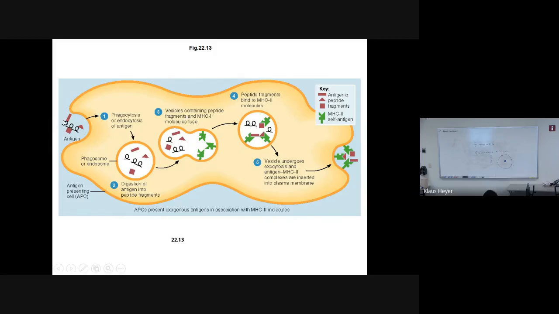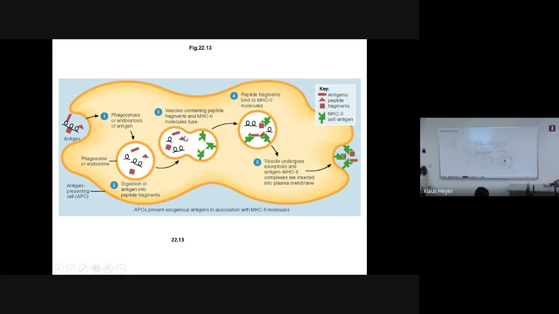Pretend this is a bacteria, and the maroon colored square and triangle and rectangle are the antigens. So at number one, it's phagocytizing, it's eating it, taking it inside, and it rips it apart. So it's ripped apart the bacteria. These shapes, the square and the rectangle, that's the antigen.